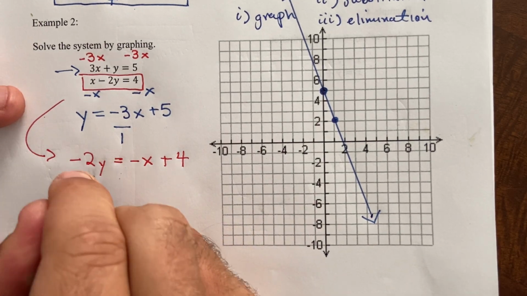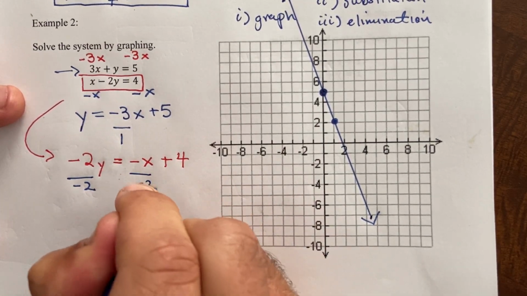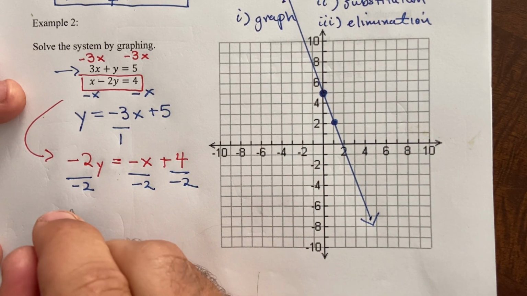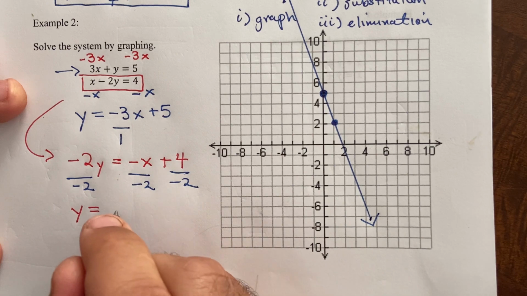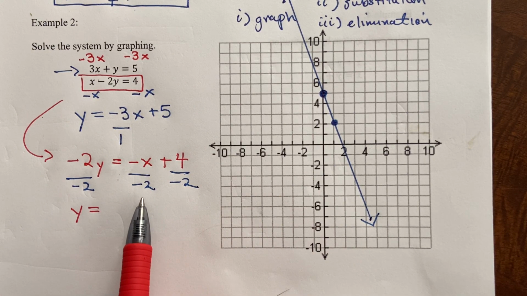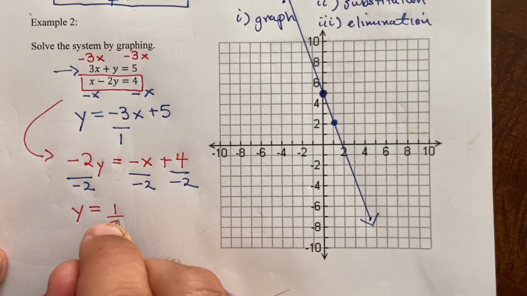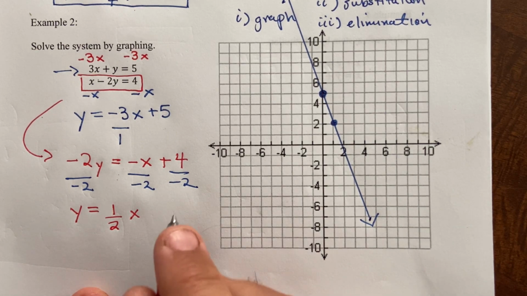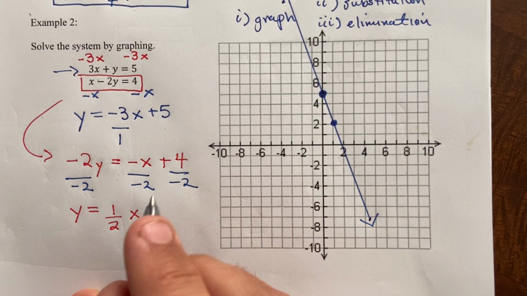And then I'll divide by negative 2 everywhere. So I have y equals, and I'll write this negative x over negative 2 as positive 1/2 times x, just to make it clear what my slope is. And then 4 divided by negative 2 is negative 2.